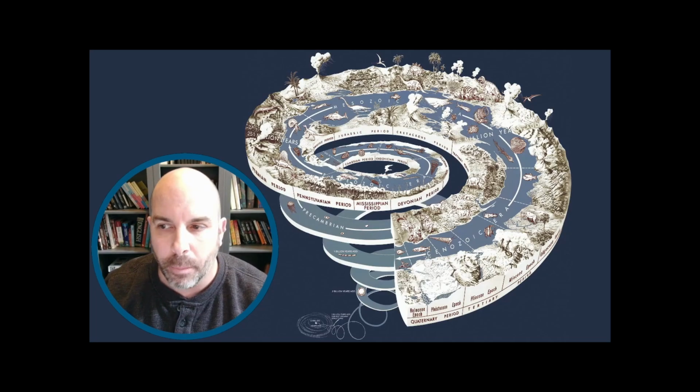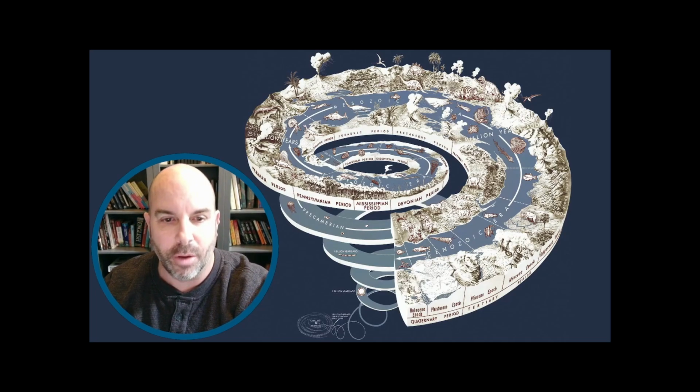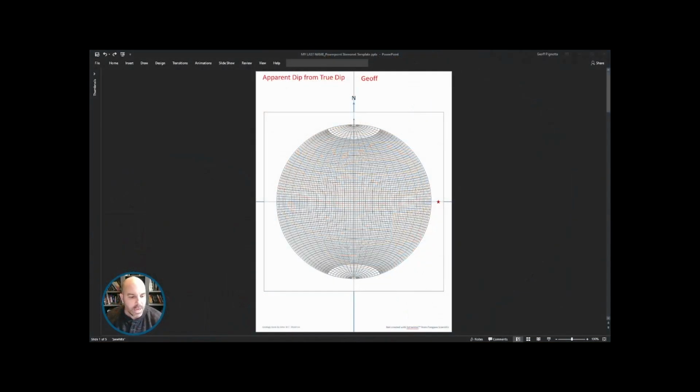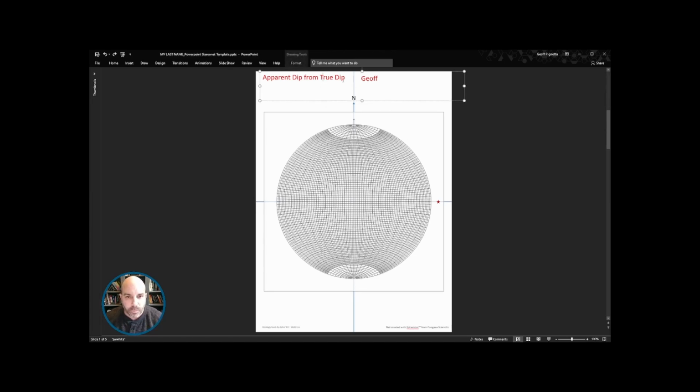Okay, so we're going to use our PowerPoint method, and so let's just jump into PowerPoint right now and take a look at how we're going to do that. So here's our layout that we have come to know and love. What we're interested in doing here is plotting that 210, 60 degree measurement.